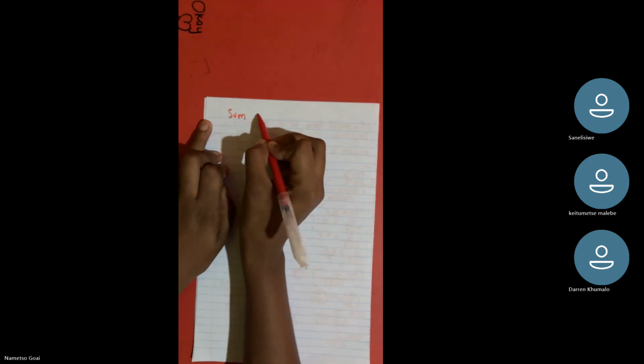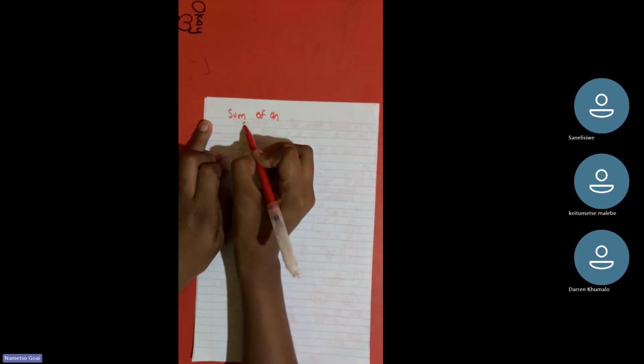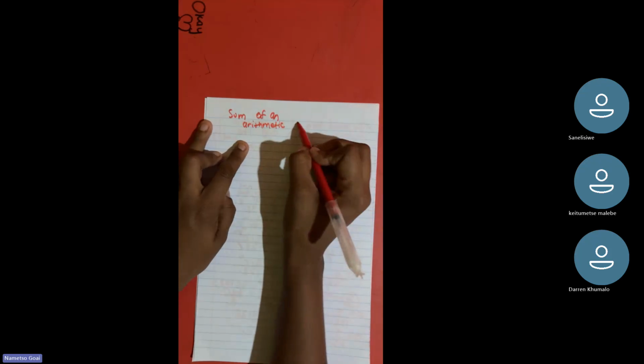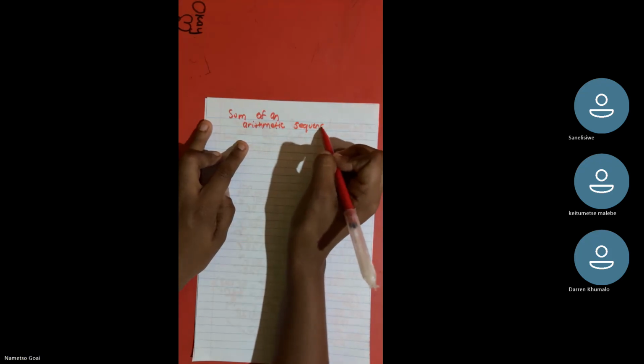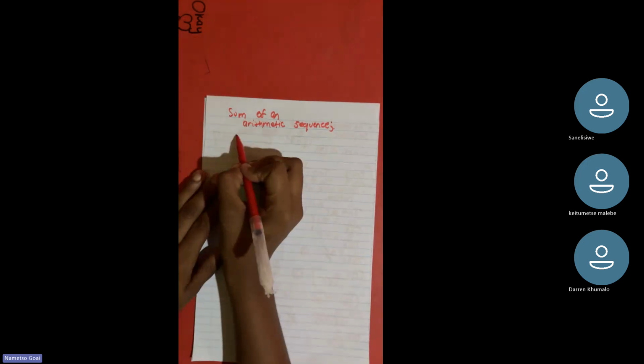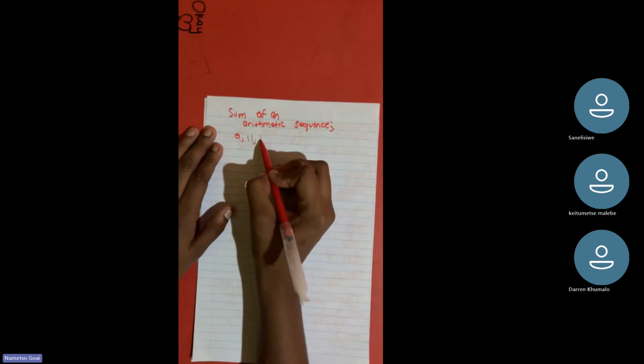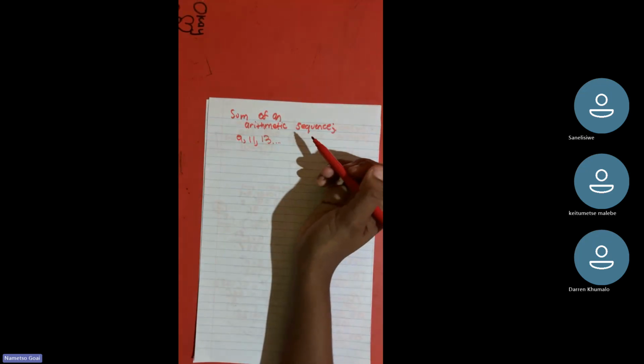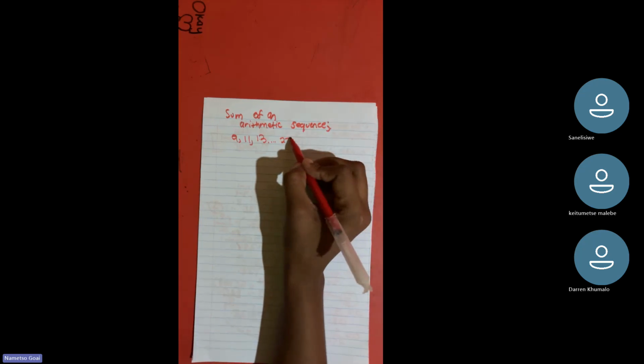So now the last part of geometric patterns. We have the sum of an arithmetic sequence. So remember, on an arithmetic sequence, we'd have a whole sequence given to us, whereby we have, let's say, 9, 11, 13, and so on, and let's say it ends at 97.